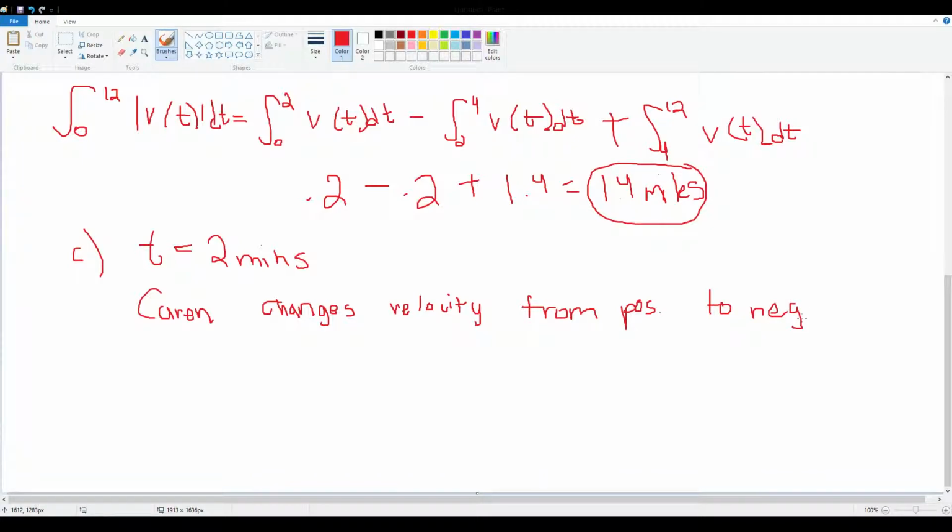And that's worth 2 points also. One would be your answer, t equals 2 minutes, and then the explanation, Karen changes velocity from positive to negative, would be your second point.